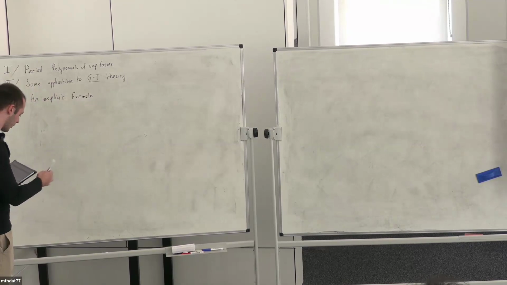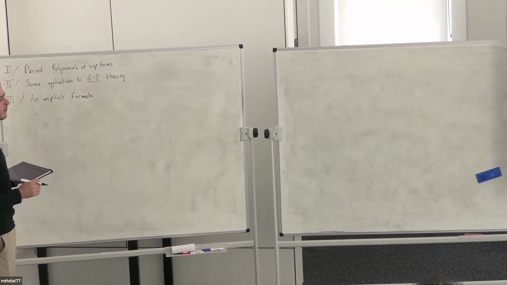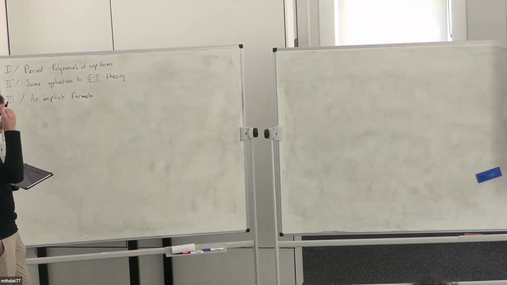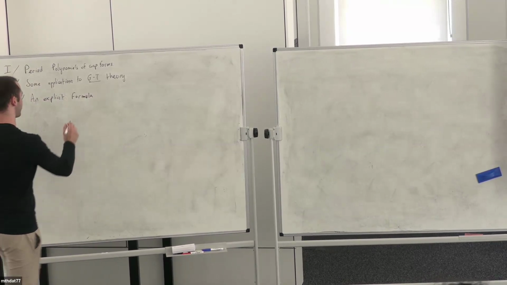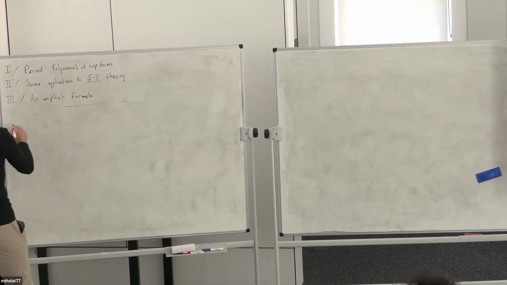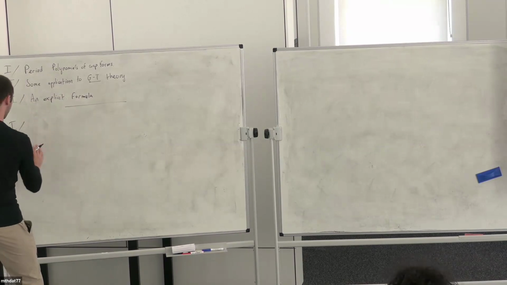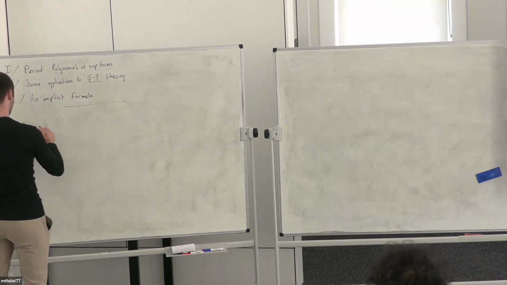So whatever, I'm going to maybe show you the explicit formula at the end. It's not very important for the moment. So let's start with a quick general review of period polynomials of cusp forms. As I said, what I will consider is cusp forms for the full modular group.